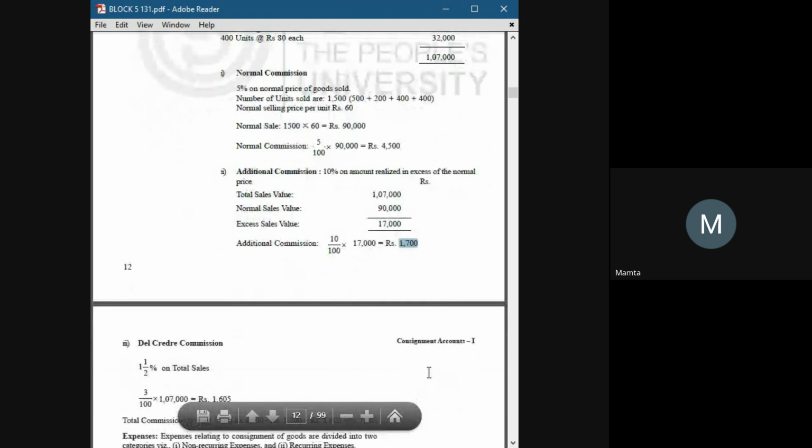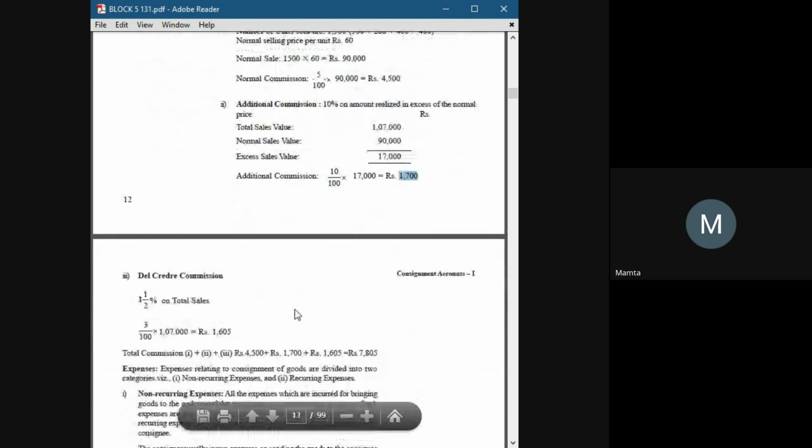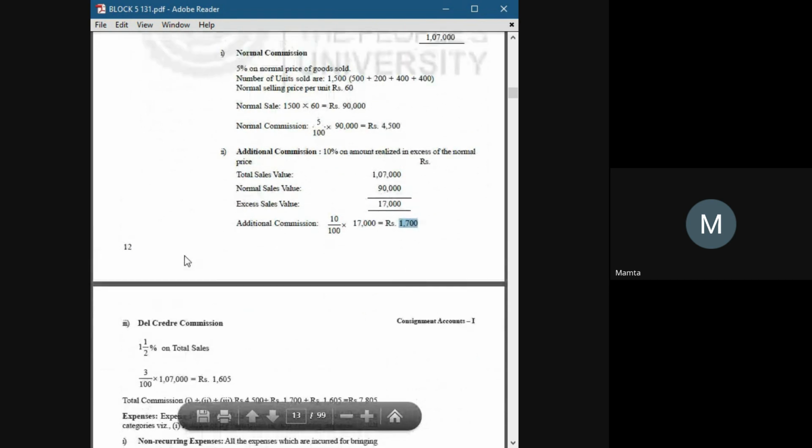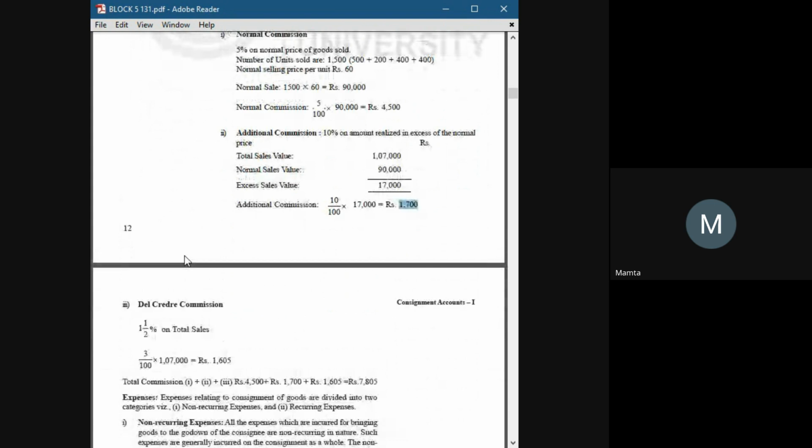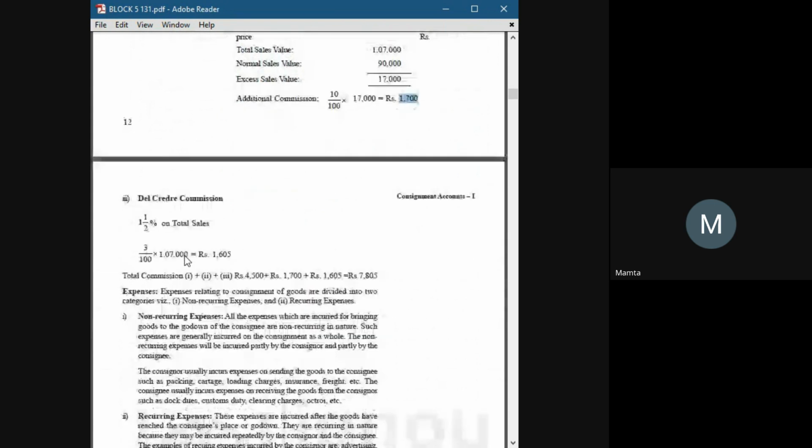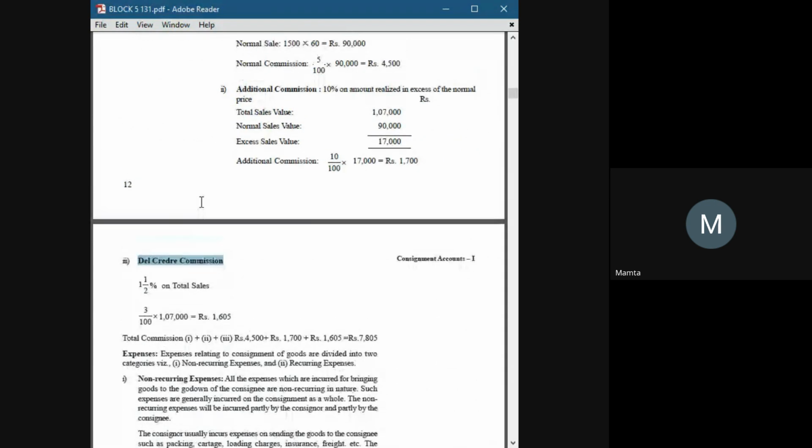1,700. Coming to the delcredere commission, because the agent has given a guarantee to us for the credit sales. Yes, 1.5% on total sale, because all the units are being guaranteed by him.